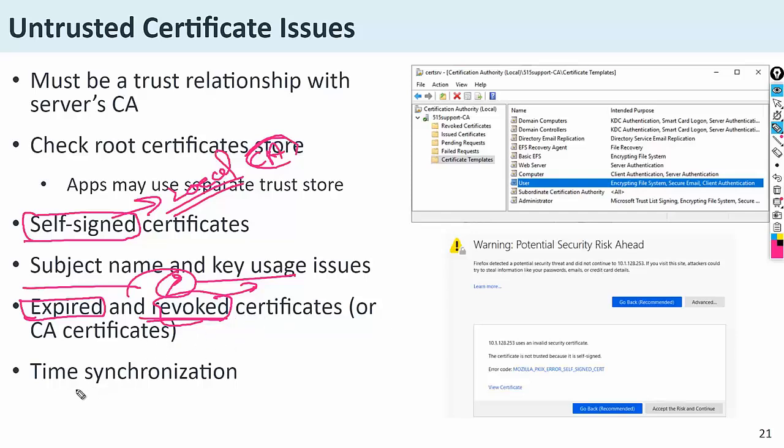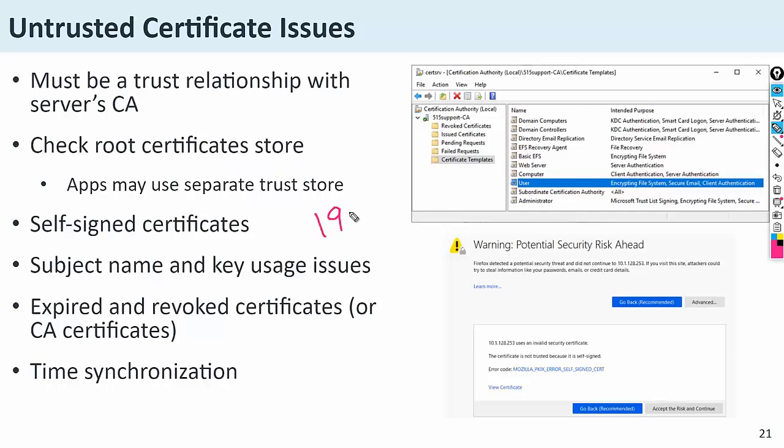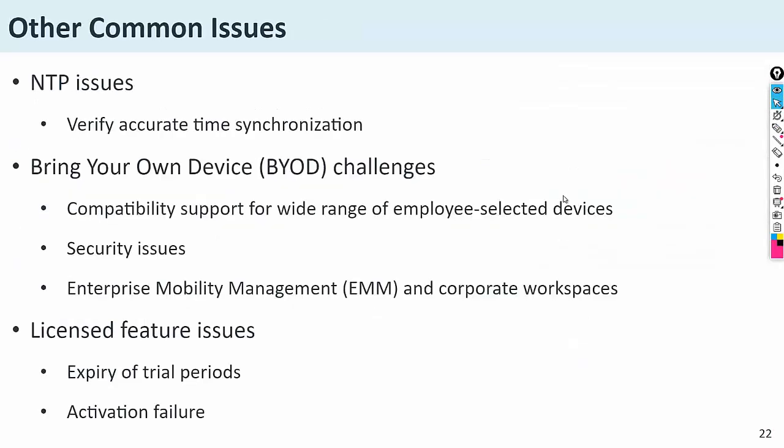If time synchronization has not happened properly, like your computer's time is 1992, you will face this type of problem. Another common issue is NTP: if you are not getting accurate time, there is a possibility of an NTP issue.